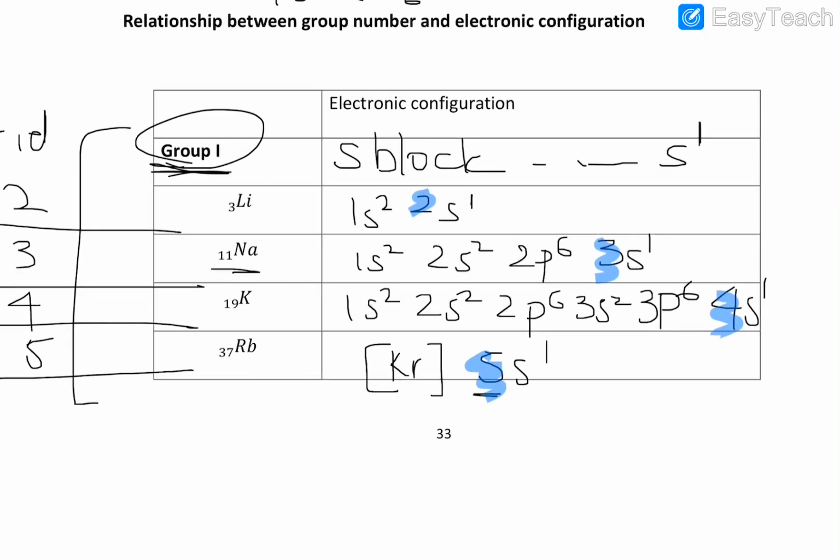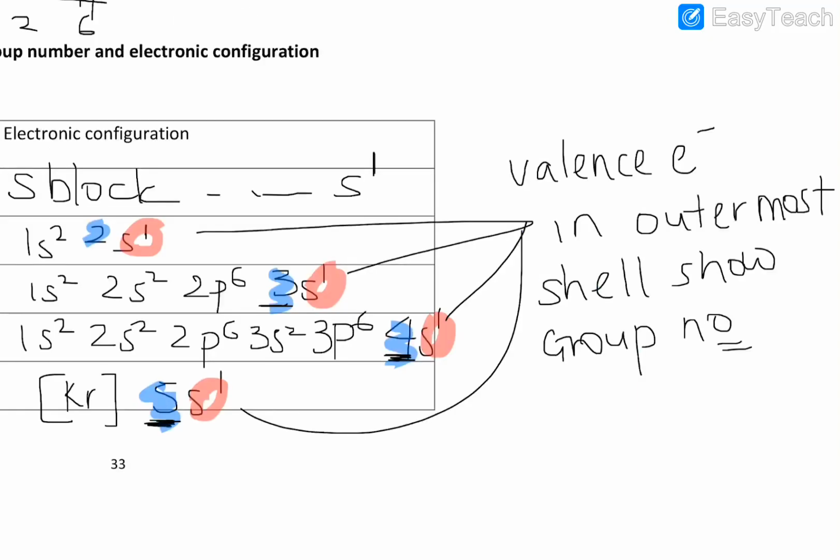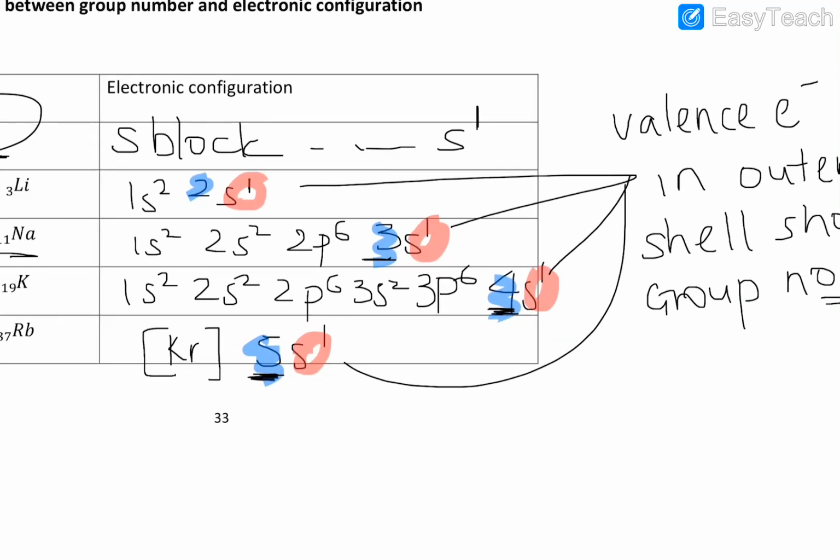Depending on the period, you know the number of the S subshell, the energy level that is going to be filled in. For group 1, you see here, this is the valence electron.